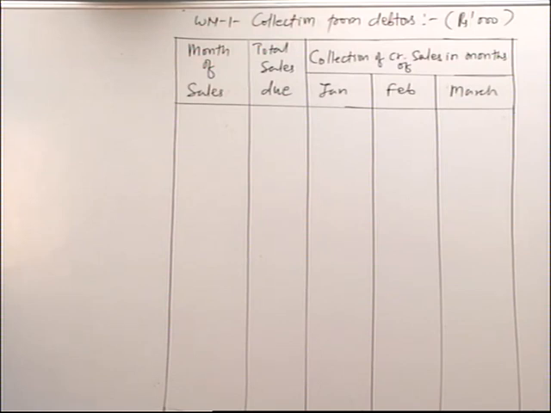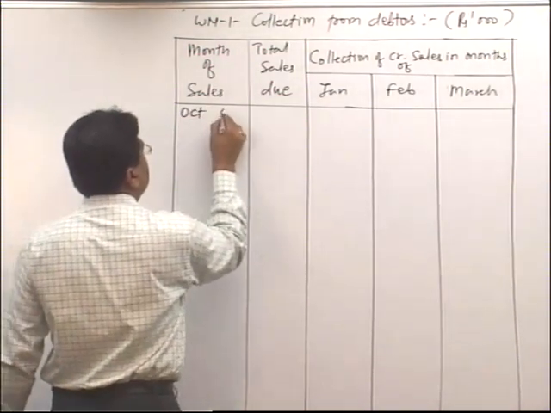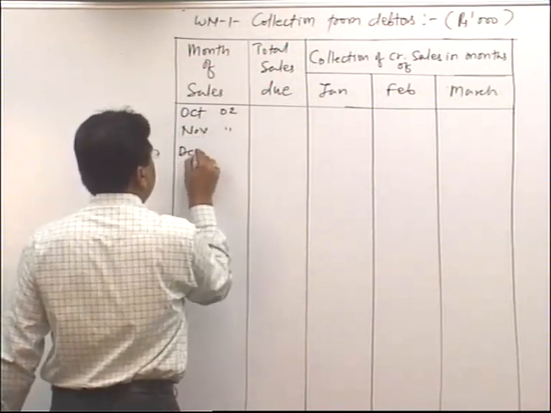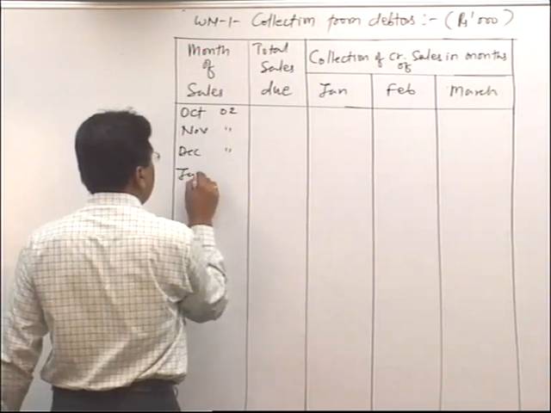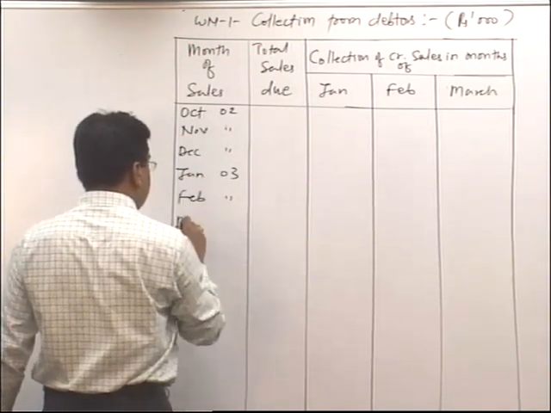Now we are given months from October 2002 to March 2003. So write down here October 2002, November, December, and then January 2003, then February and March.